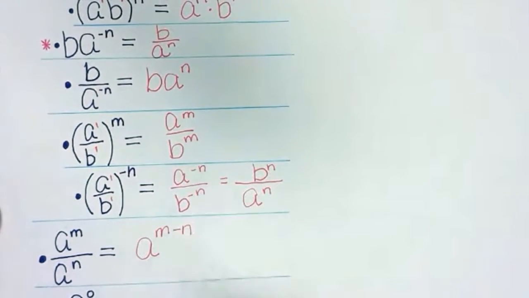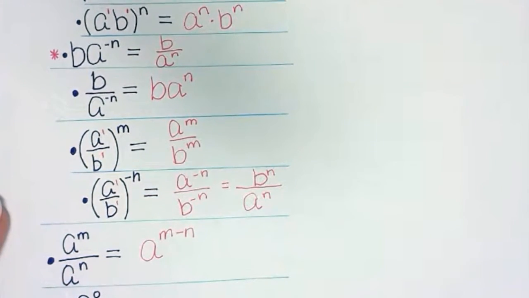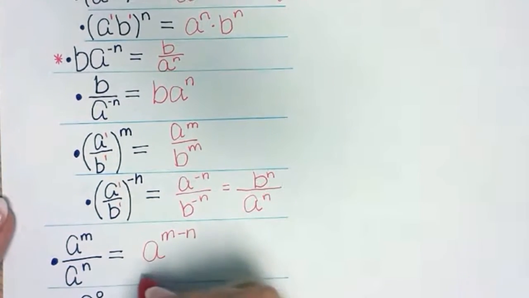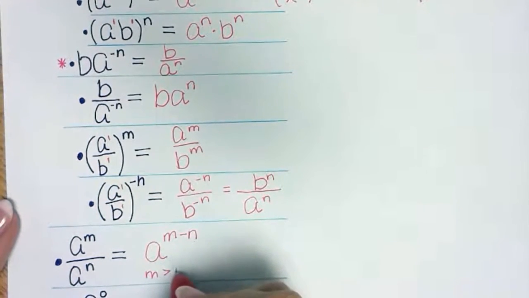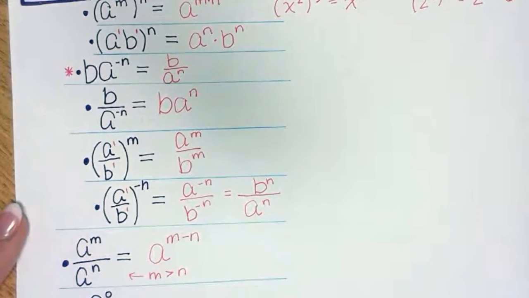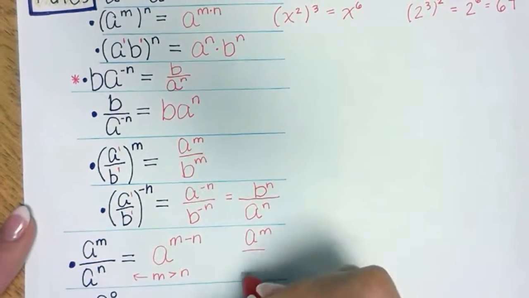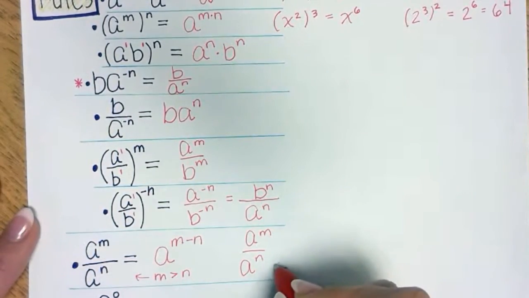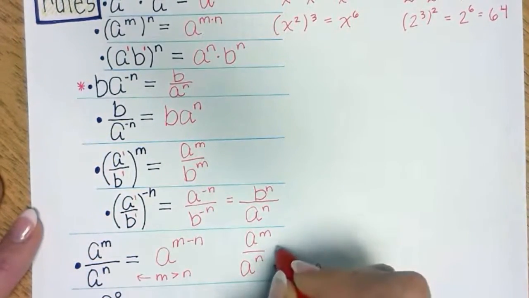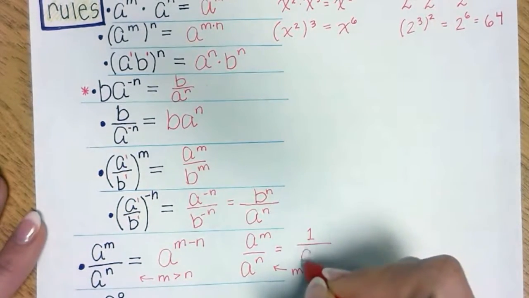Now I like to show it this way because I break it up into two different scenarios. If the top power is bigger than the bottom power, I would write my simplified expression like this: a to the m minus n. However, if my top power was less than my bottom power, I would write it as 1 over a to the n minus m.